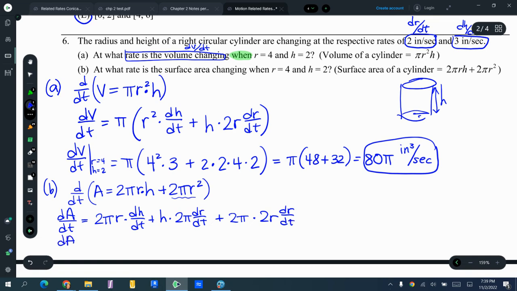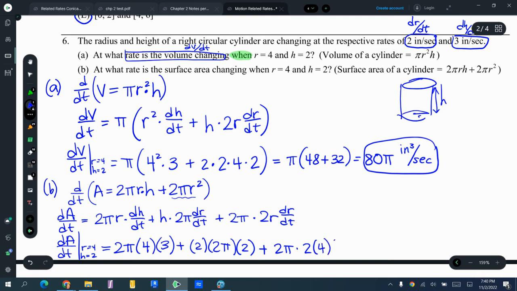And we want this thing, when we're evaluating it, again at r equals 4 and h equals 2. 2 pi times 4 dh dt was 3, plus h, which is 2, times 2 pi dr dt, which was 2, plus 2 pi times 2 times r, which is 4, times dr dt, which is 2.